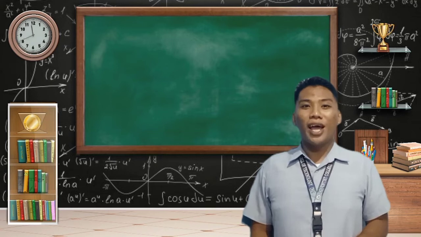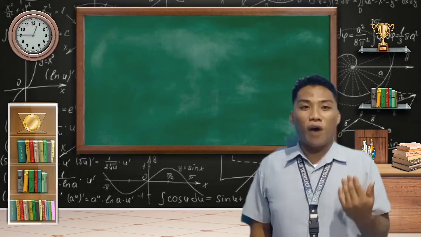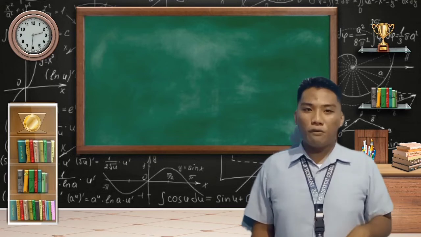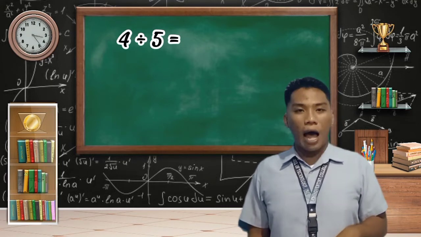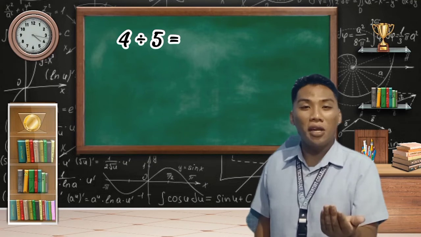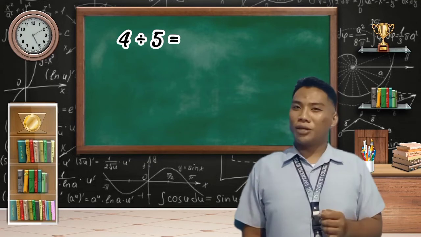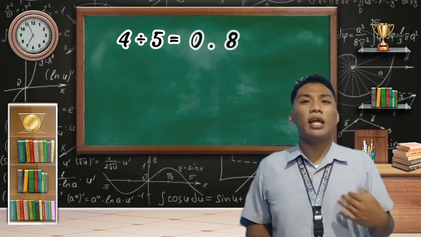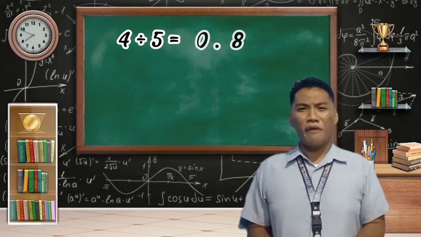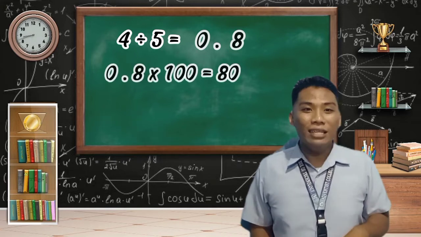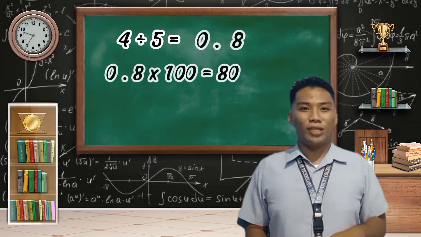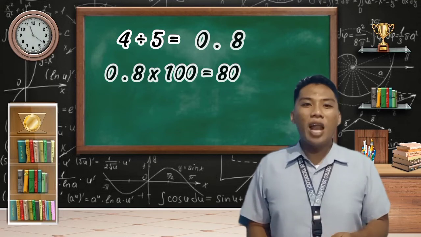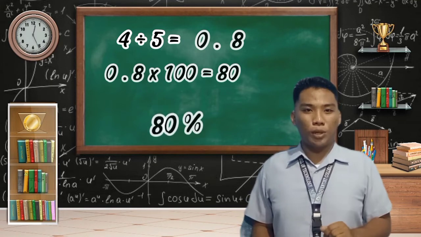Okay, very good. So we must divide the two whole numbers, which are 4 and 5. So 4 divided by 5 is equal to, anybody? Very good, children. So 0.8. And again, what is the next step? Okay, very good. 0.8 times 100 is equal to 80. And then our answer is 80%.